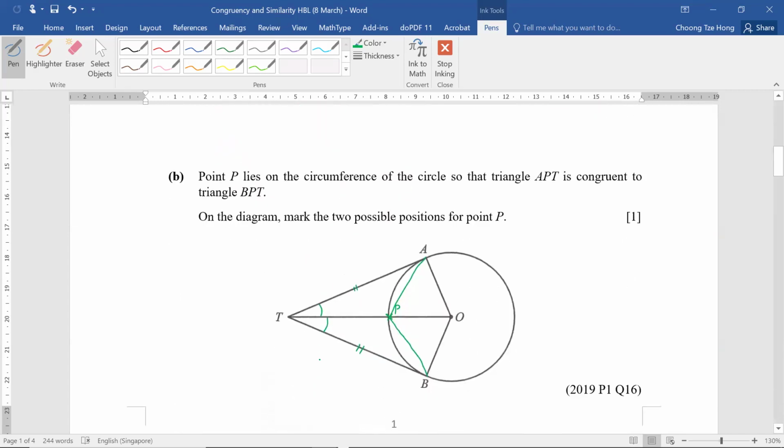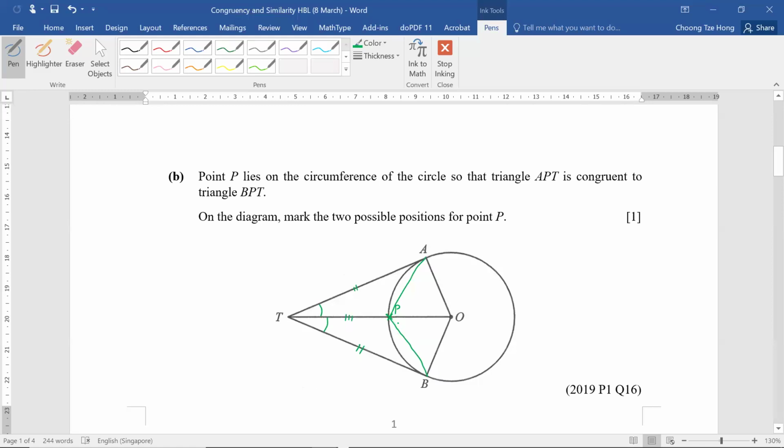So these two angles are the same. Then if you add a point P there, it's obvious that TP is going to be a common side, correct or not? So triangle APT will be congruent to triangle BPT. So one of the points will be over here.